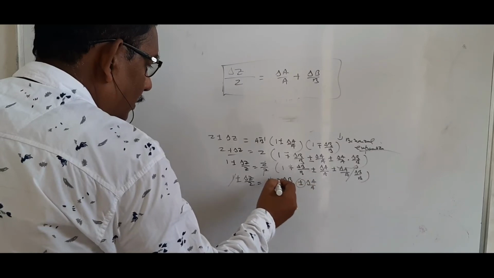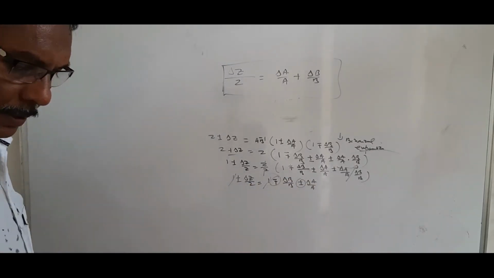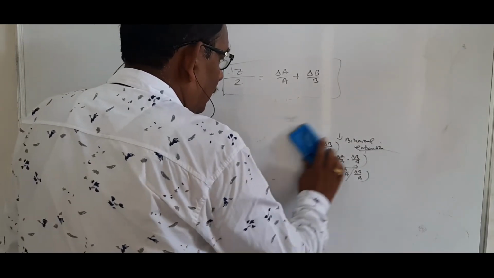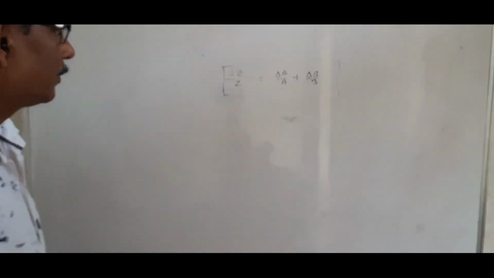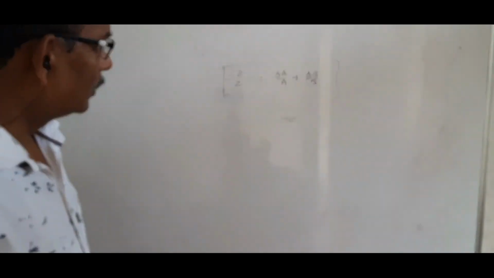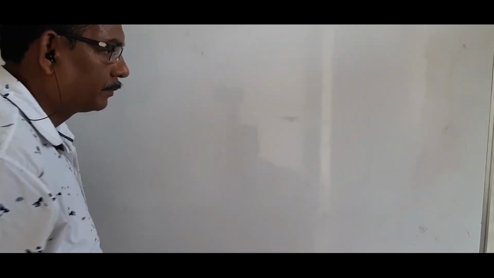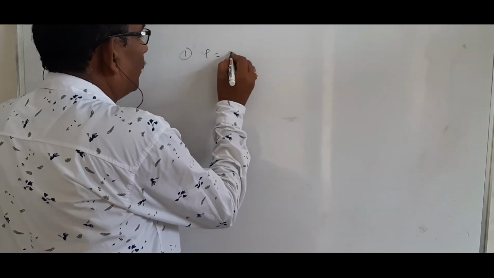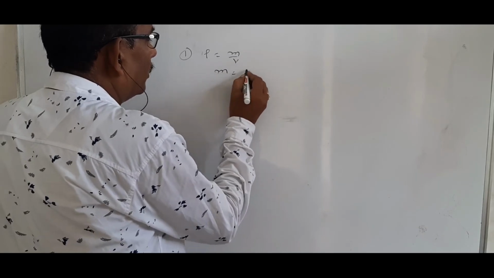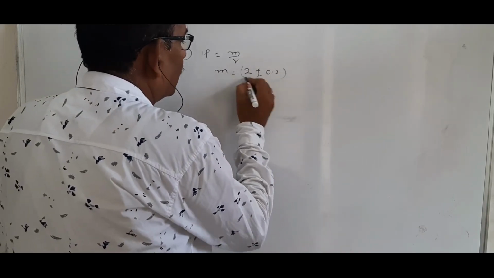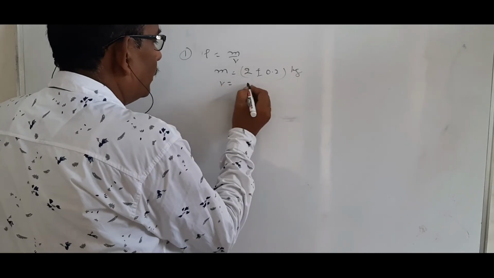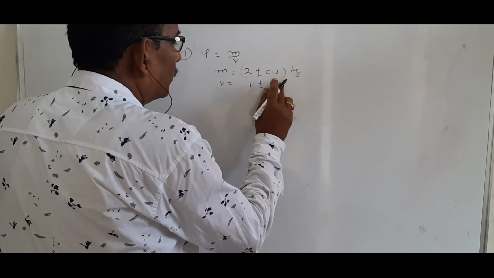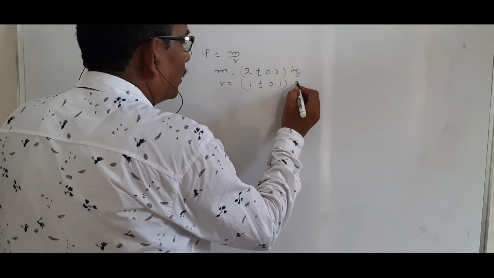Taking common this one. Okay, this is the maximum possible error in terms of fractional error. Okay. Take example. You know that density is equal to mass by volume. M is equal to 2 plus minus 0.2 kg and volume is equal to 1 plus minus 0.1 meter cube.